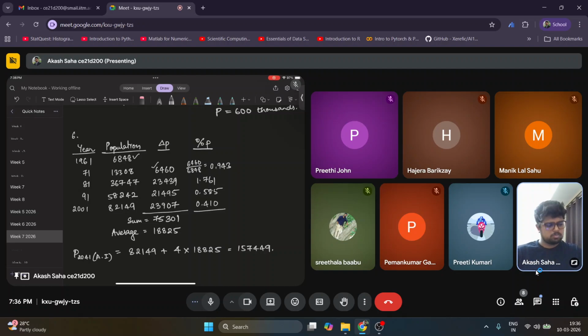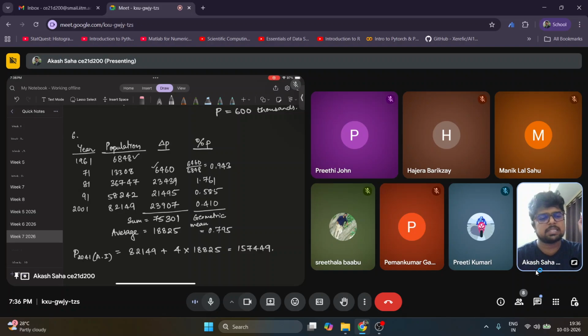So now, after finding the percentage increase of population in each decade, we have to find out the geometric mean. That will be equal to 0.795. I hope you know how to find out the geometric mean. We have to multiply all the values and then take it to the power of 1 by n. Okay, so that is the geometric mean.